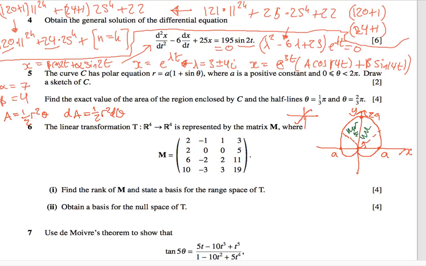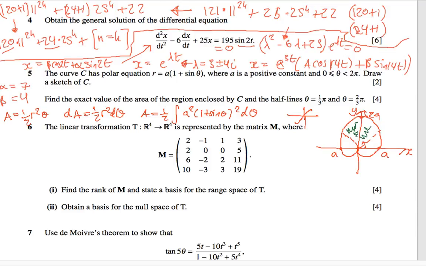So if we integrate, we find the area as 1/2 the integral between our two limits. I'm not going to draw them in, but you know there's a pi over 3 and a 2 pi over 3 up here, otherwise it can get really messy. R squared, which we've been given, is a squared (1 plus sine theta) squared d theta. Okay, so that's all you have to integrate.